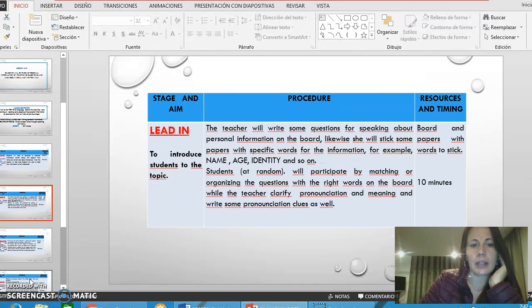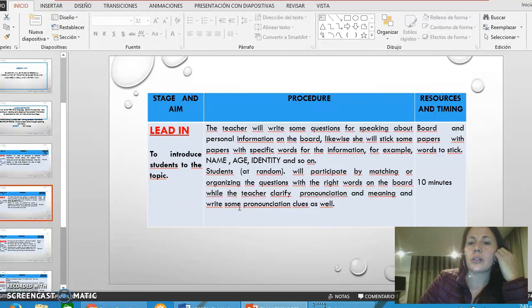The second moment of the class is leading. In this part, the class has to introduce students to the topic, to elicit them to understand what we are going to work on, or to start working on the topic. The teacher will write some questions for speaking about personal information on the board.